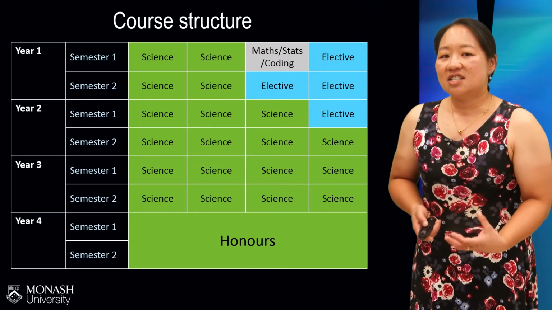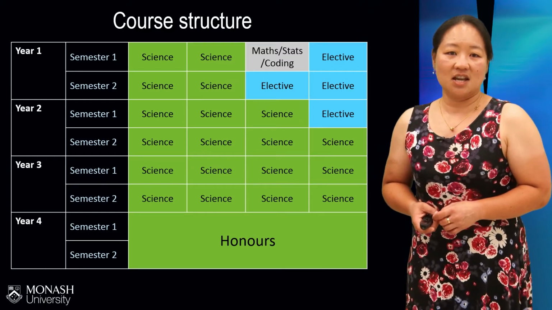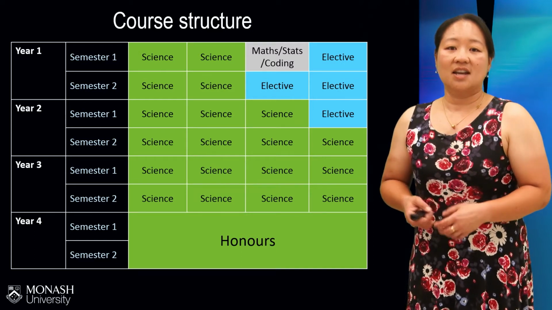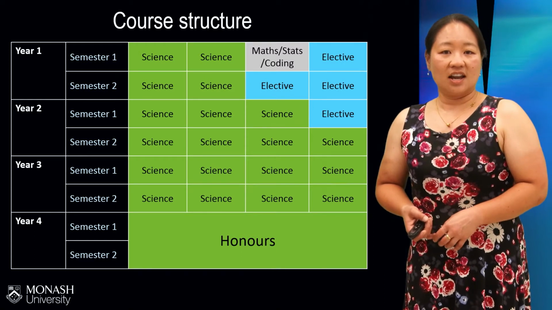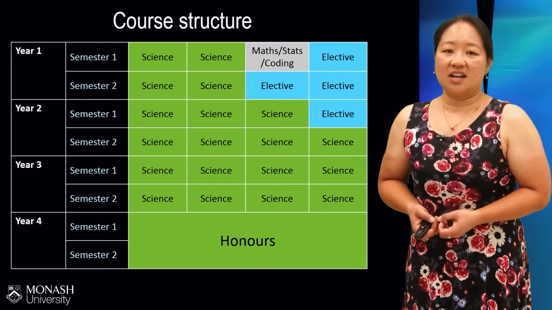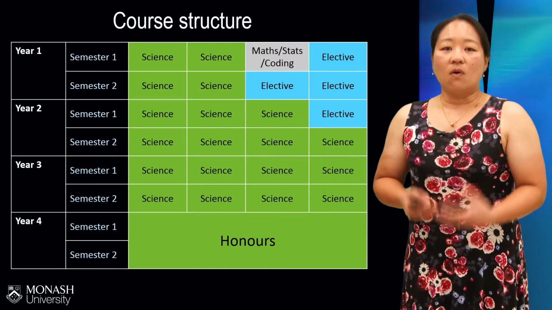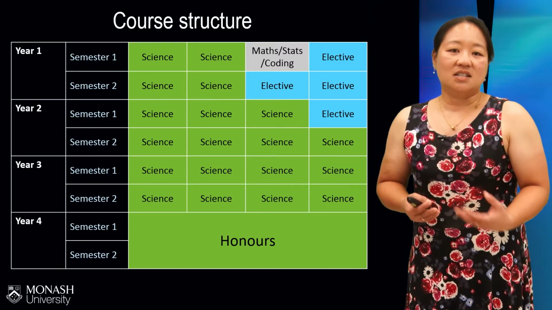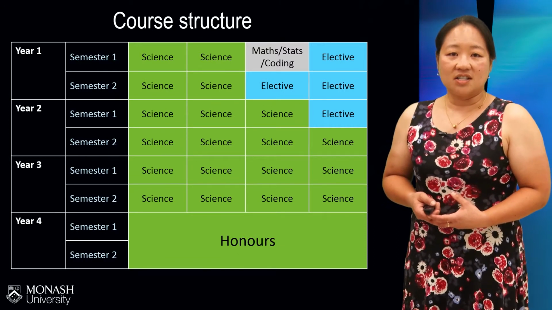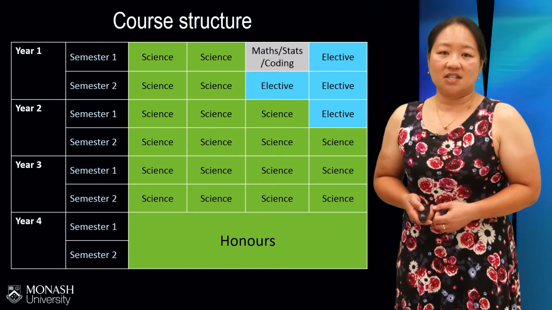You have foundation studies at level 1 in at least 2 different science disciplines, a core unit in which you develop skills in mathematics, statistics or coding, and at least 2 majors or an extended major plus a minor in different science disciplines. And you also have on offer 4 elective units. These can be science or non-science units. You finish this program with an honours year of study which includes coursework and research in an area of science.